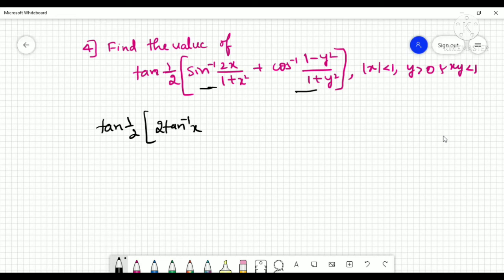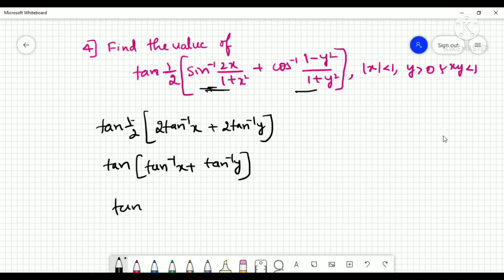Same way, cos inverse 1 minus y square by 1 plus y square I can write as 2 tan inverse y. Now I take 2 common, and 2 by 2 gets cancelled. What is left? Tan of tan inverse x plus tan inverse y.